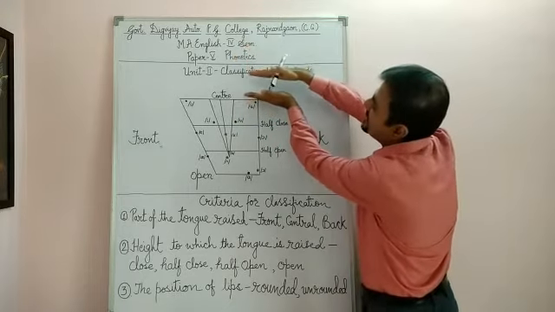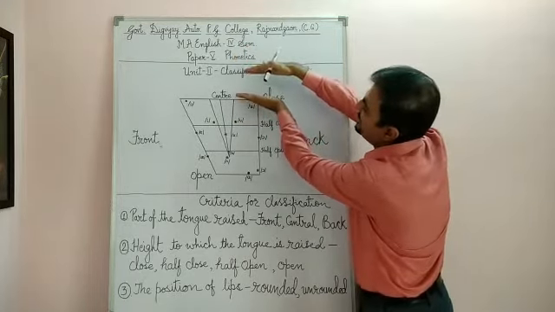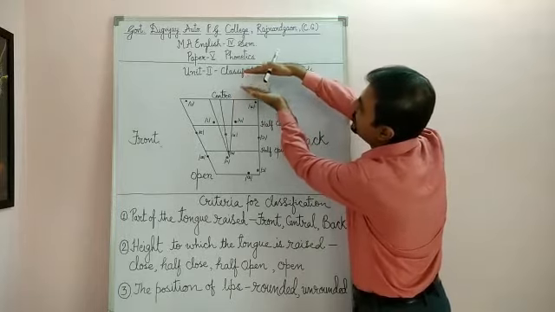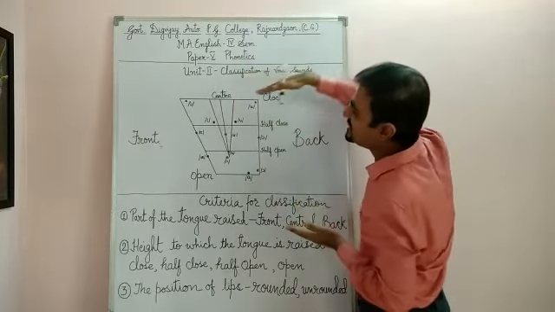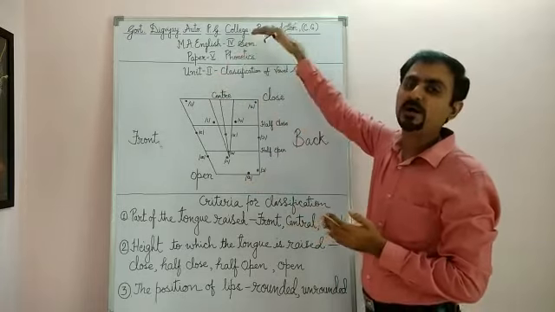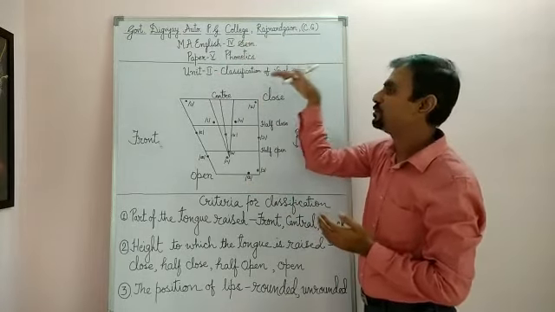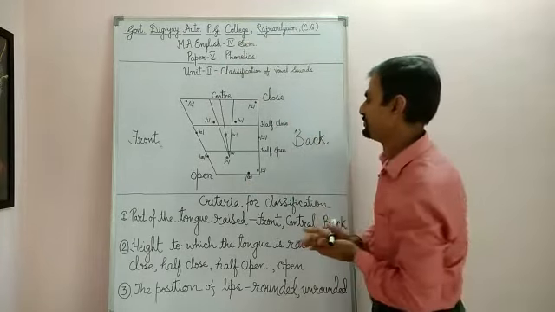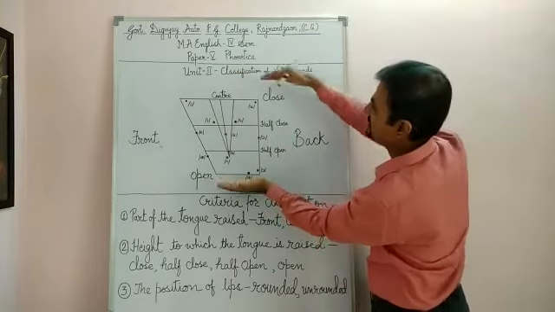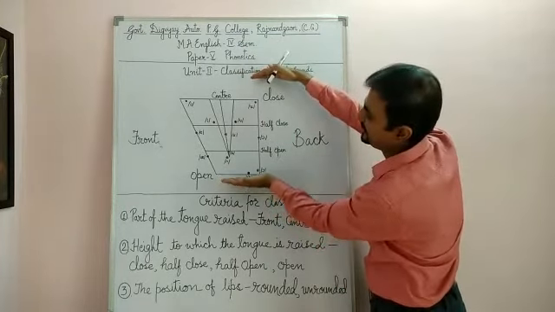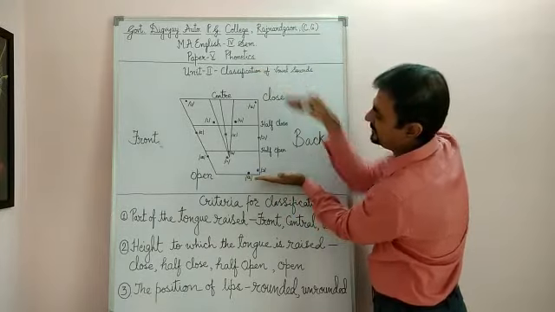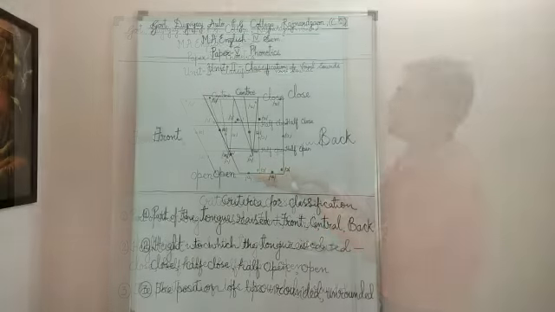So you need to understand that close means not completely closed, but there is enough space between the tongue and the roof of our mouth for the air to pass through. And open means the tongue is flat in the mouth.